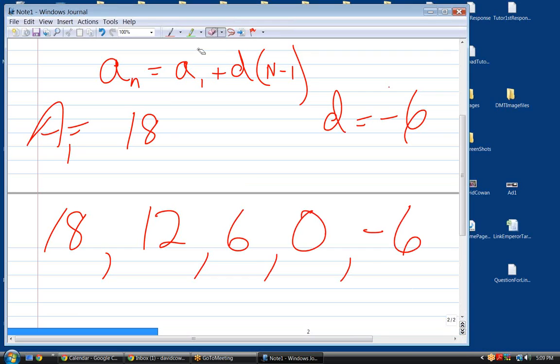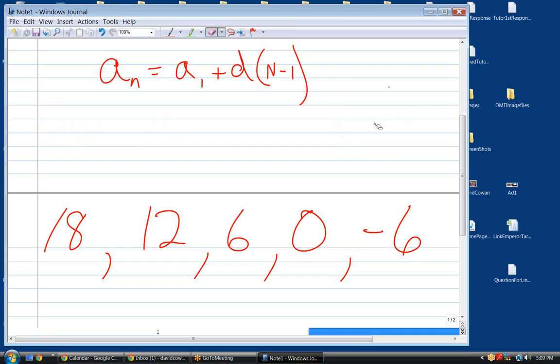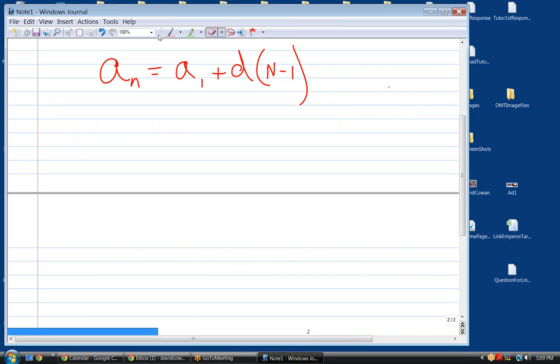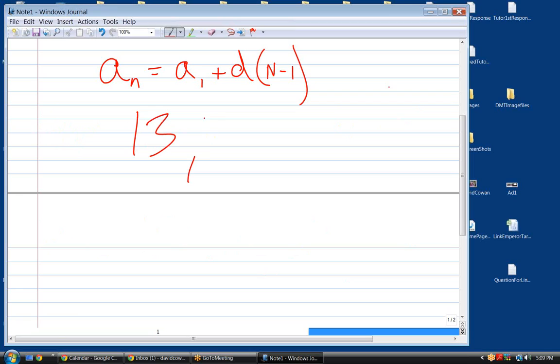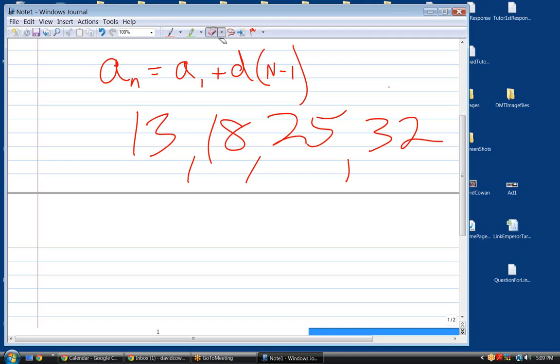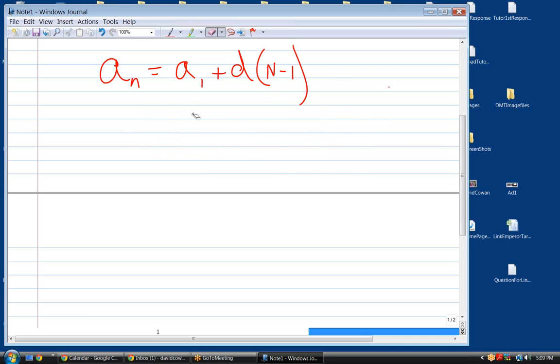The next one, find the common difference of an arithmetic sequence. So it goes 13, 18, 23, 28. Hold on, because it goes up by 8 each time. Well, then it's not 13, 18. In other words, the key to an arithmetic sequence is that every term has to be separated by the same amount.